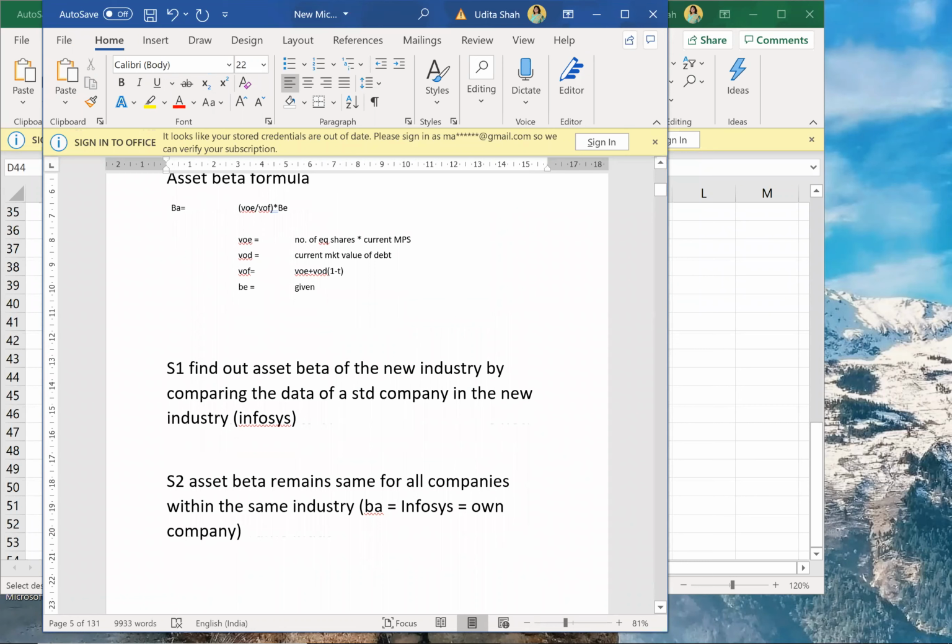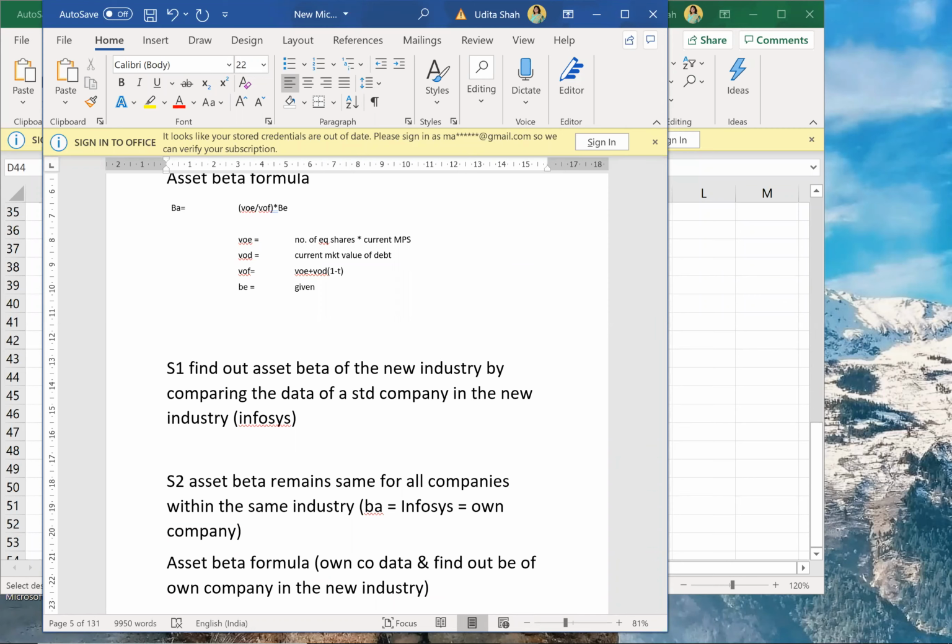So now, again with the same asset beta formula, I'll put in my own company data and find out the beta of equity of my own company in the new industry.